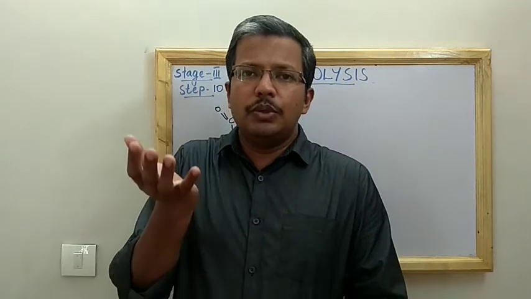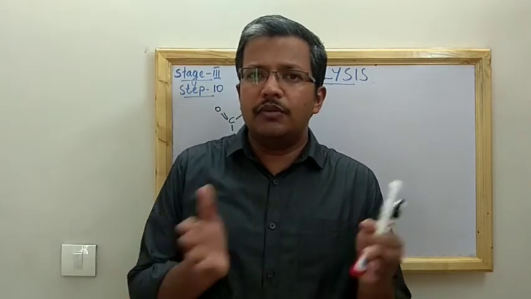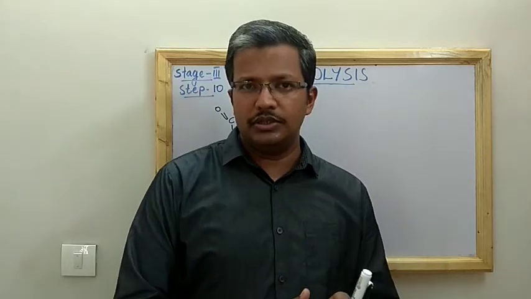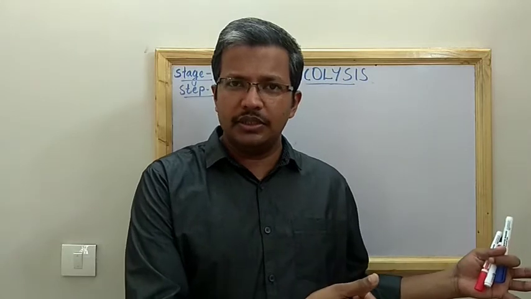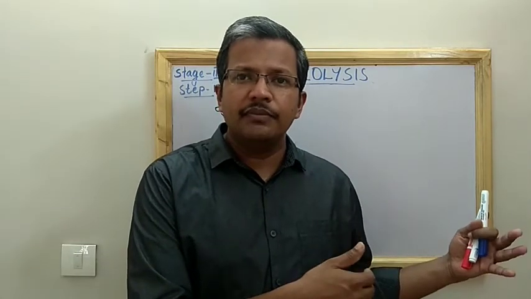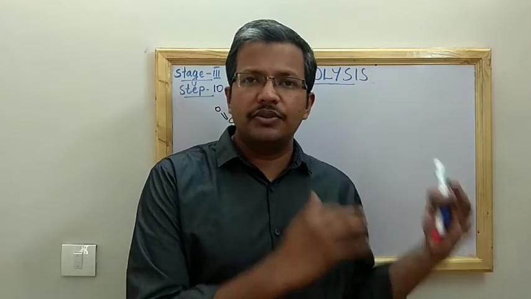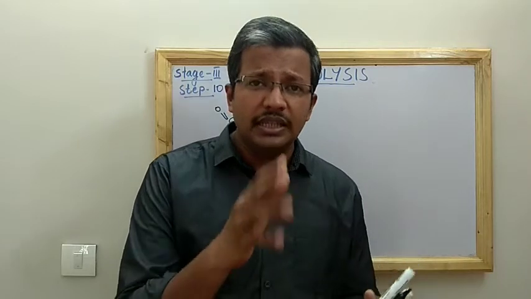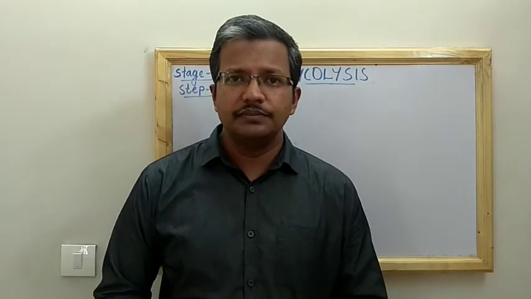So phosphoenol pyruvate accumulates. As a result, what will happen? Reverse reaction happens. Phosphoenol pyruvate will be converted into 2-phosphoglycerate, then into 3-phosphoglycerate, then into 1,3-bisphosphoglycerate, then into glyceraldehyde 3-phosphate. Then it will accumulate there. As a result, the reaction will stop. So in this way, the rate is controlled in glycolysis.